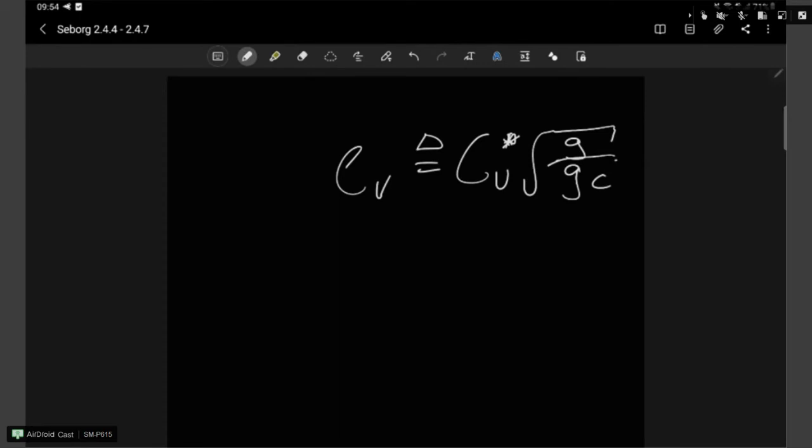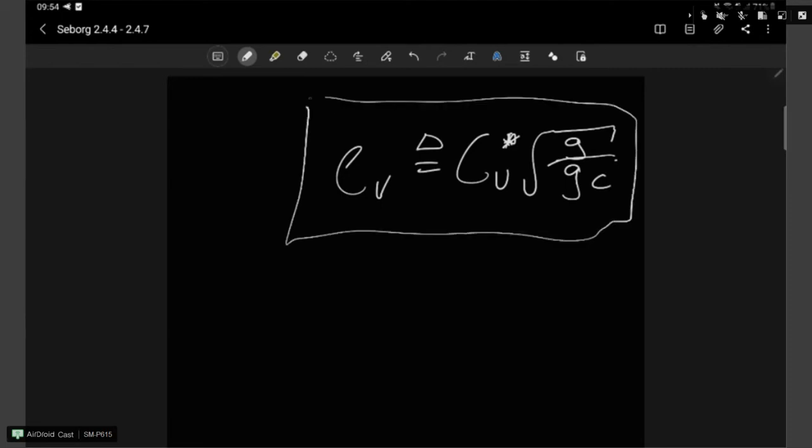If you say it's dimensionless, then we can just multiply by any number that we really want to. That is not the case, because G over GC is also not dimensionless. It still has that relation between something and something else, and those are two different things. But don't worry about this. We're not going to handle these sort of things.